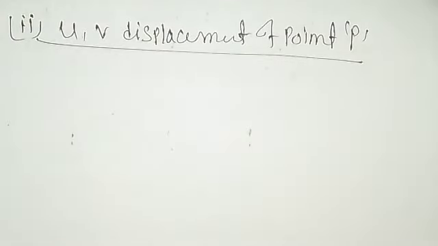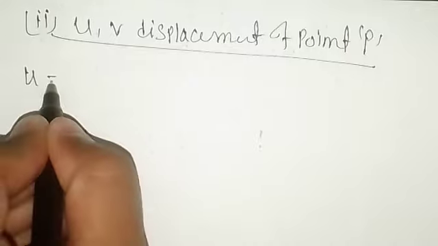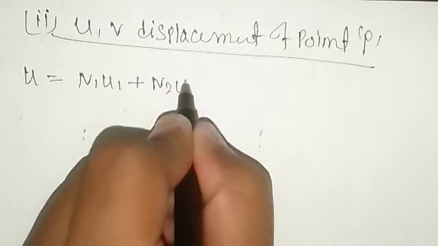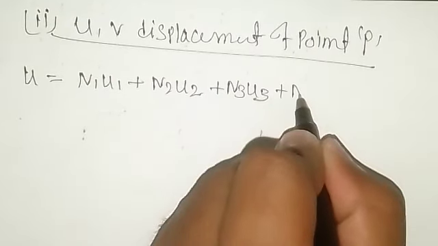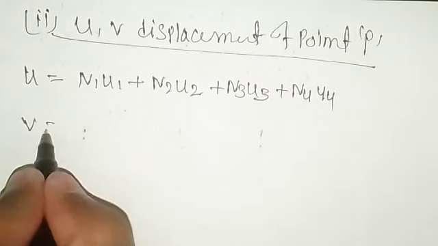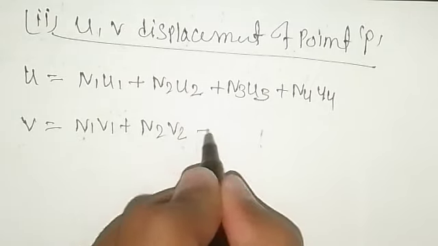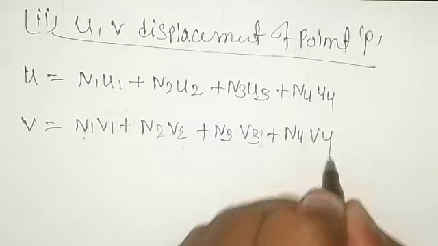So first of all, U is equal to N1 U1 plus N2 U2 plus N3 U3 plus N4 U4. These are the formulas. And V is equal to N1 V1 plus N2 V2 plus N3 V3 plus N4 V4, right?